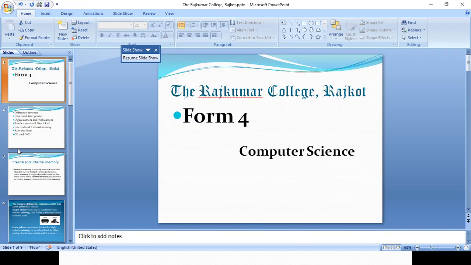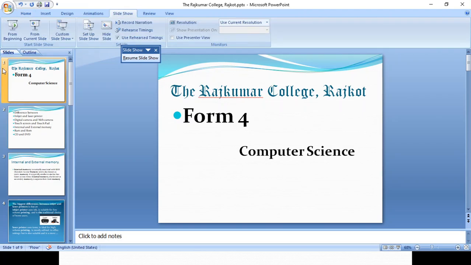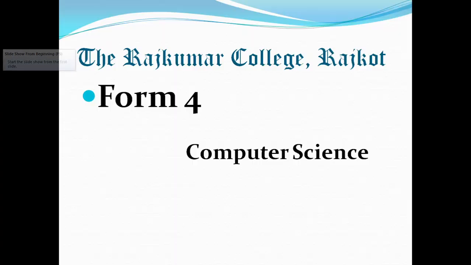So I will press F5, or from the Slideshow tab you can choose from beginning or from current slide. This we have already seen in the live class, right? So I'll do it from the beginning. I can do it from here, or see, it has come: Slideshow from beginning, F5. I can click on this or I'll press F5.